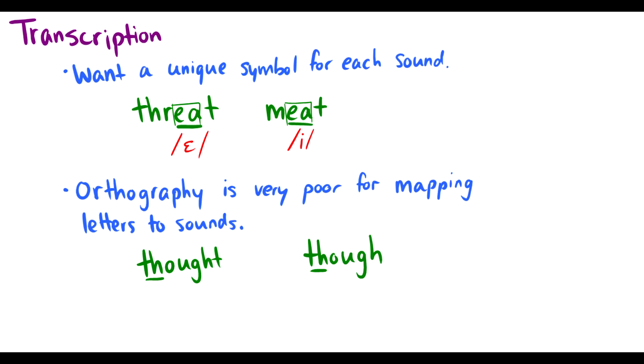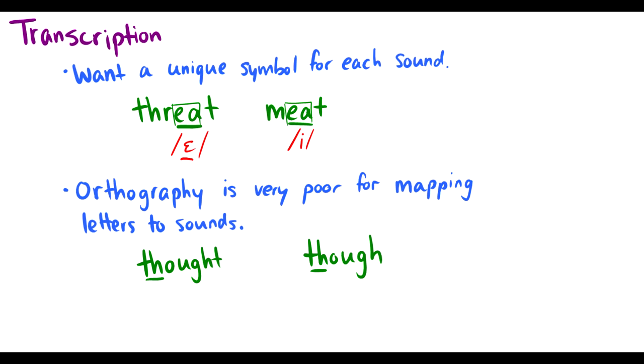Now, what's really important is that this phonetic transcription is unique for each sound. So this epsilon here will never make any other sound, ever. And the second part is that across languages, these symbols are consistent. So we can do any language with these symbols.